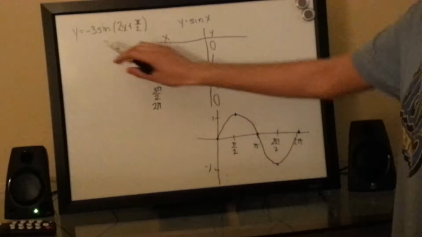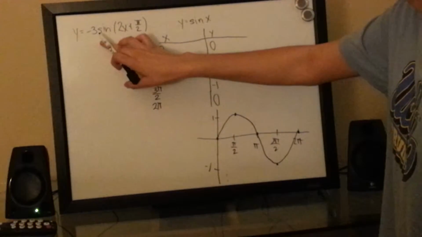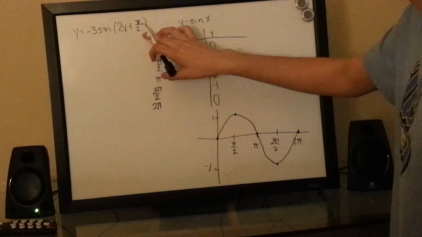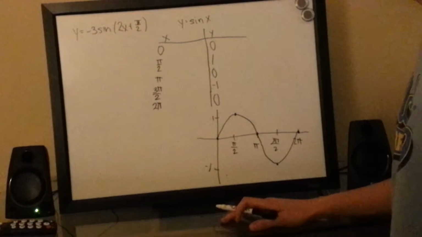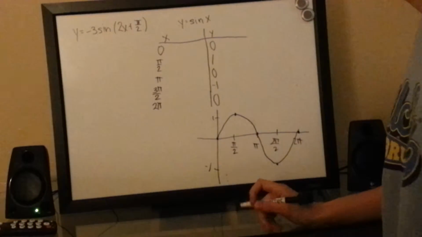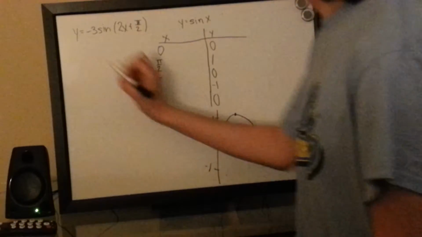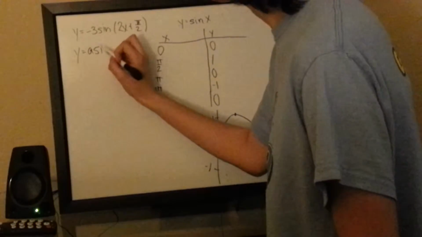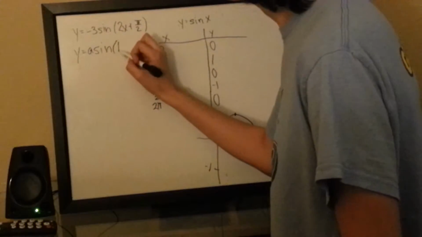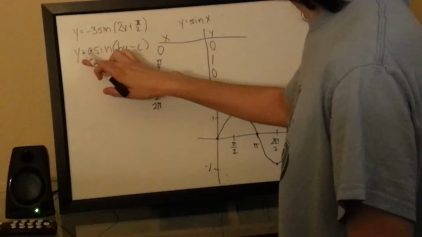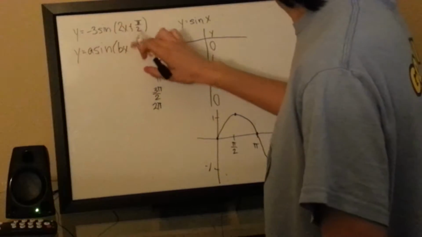Now we're going to look at the function that we're trying to graph, which is negative 3 sine 2x plus pi over 2. First, we're going to look at this function right here, A sine Bx minus C, and we're going to compare this function to this function.